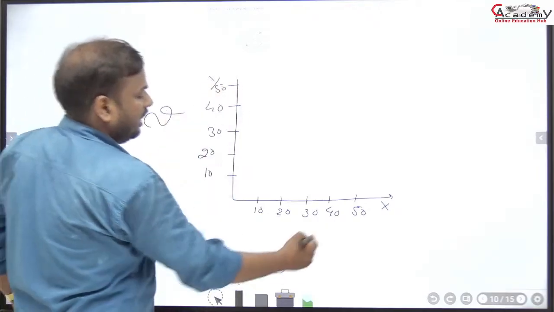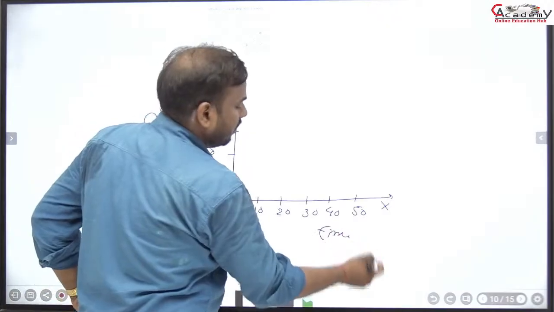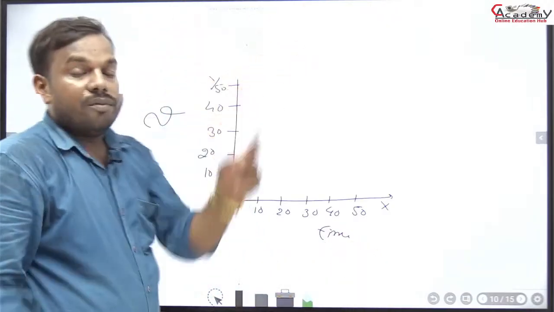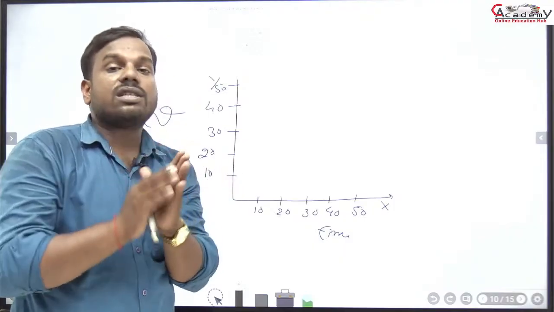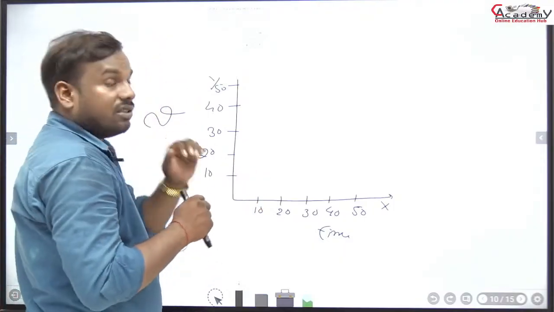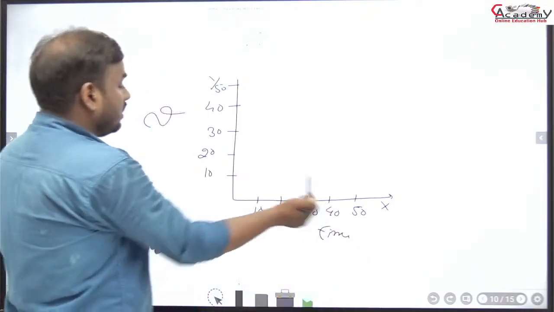It is the velocity and it is the time. Here velocity is not constant, but velocity changes at a constant rate.